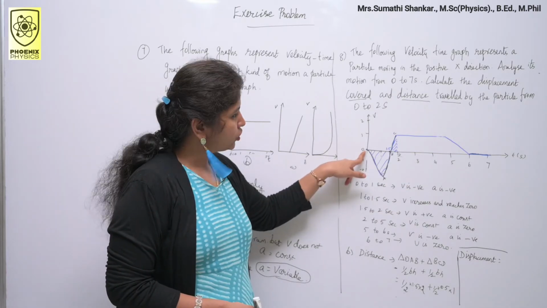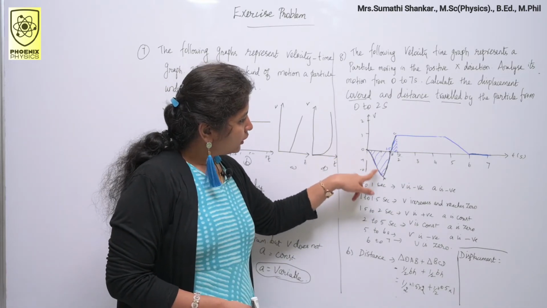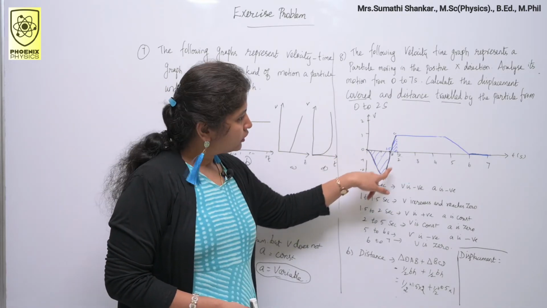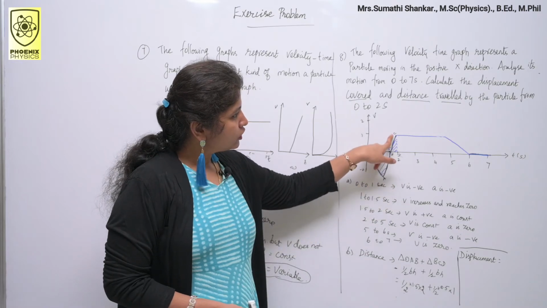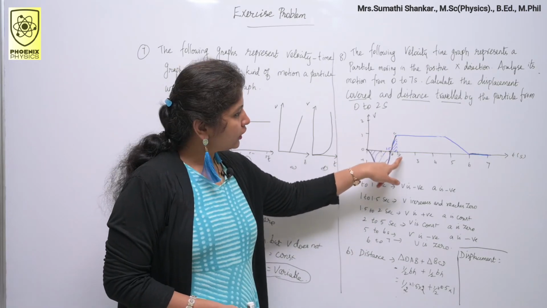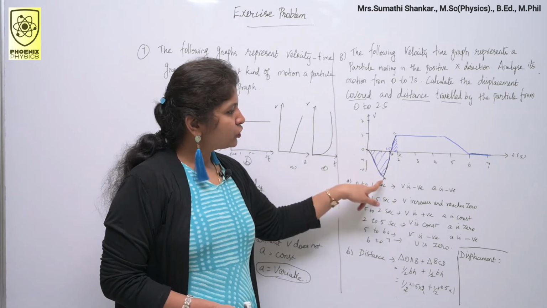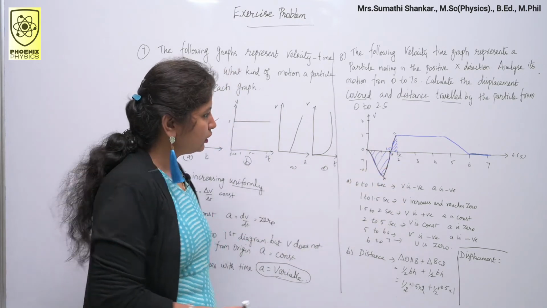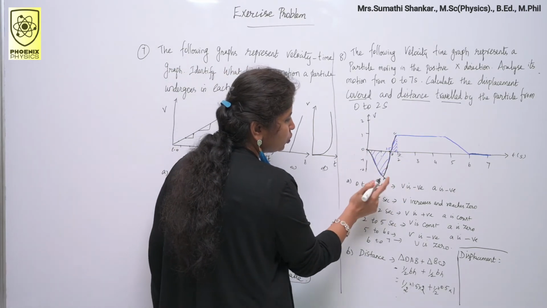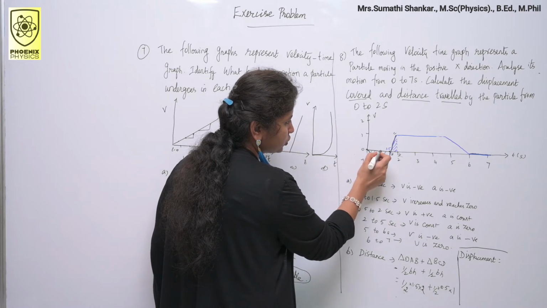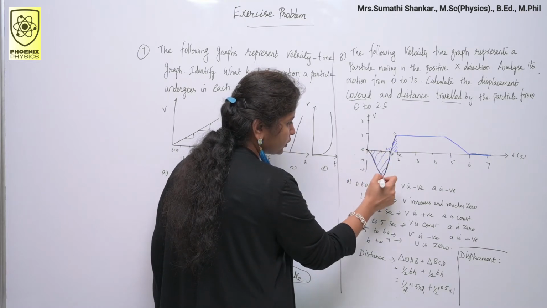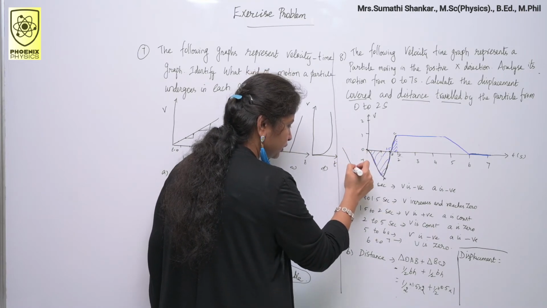Our origin, so O, here A, this point is B, this peak is C, again this position is D. Okay, so you just name it like this. Now from 0 to 1 second, this is my 0 and this is 1. From 0 to 1 second, the graph is like this.